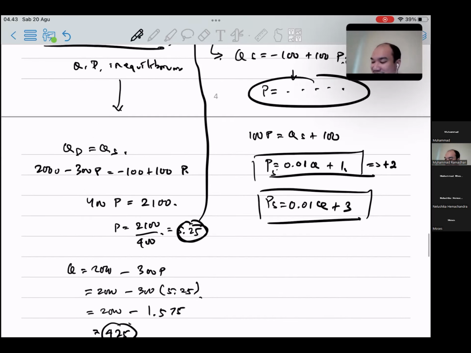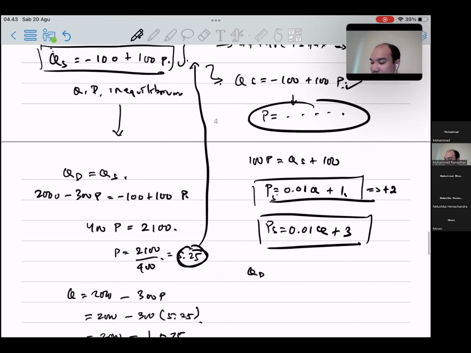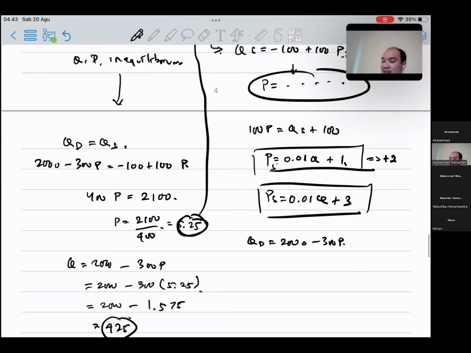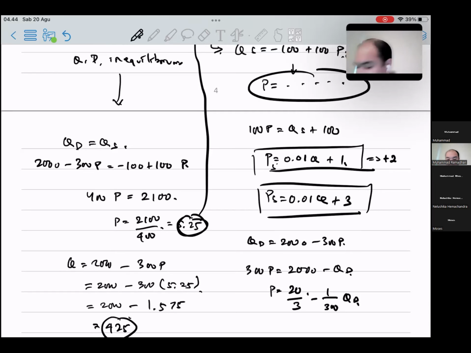So if you have QD equals 2000 minus 300P, then 300P equals 2000 minus QD, so P is 20 over 3 minus 1 over 300 QD, something like that.